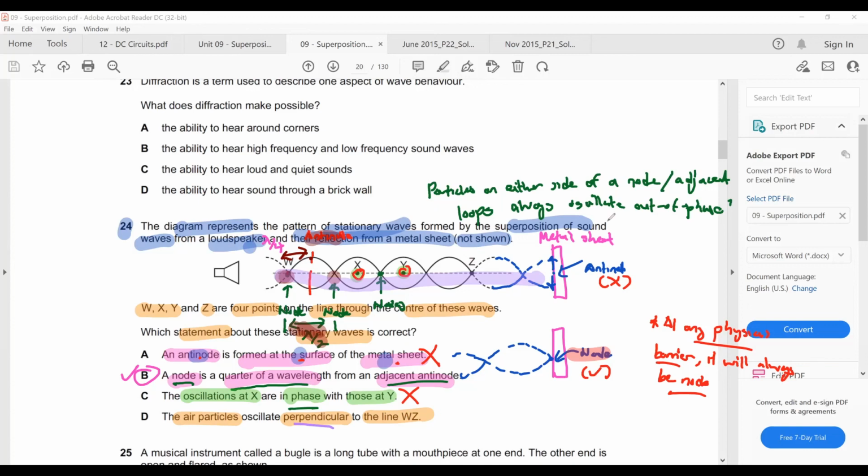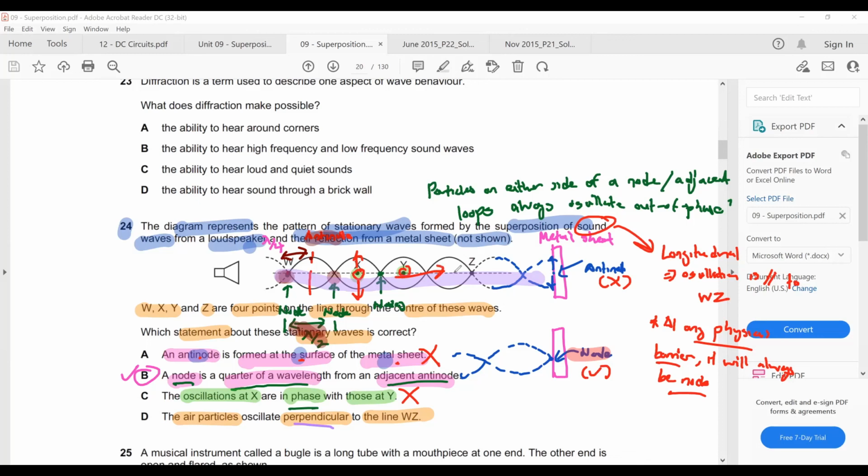This one is a sound wave, and a sound wave is longitudinal, so the oscillation is parallel to WZ. The question says perpendicular, meaning they expect the air particles to oscillate up and down, perpendicular to your wave travel.